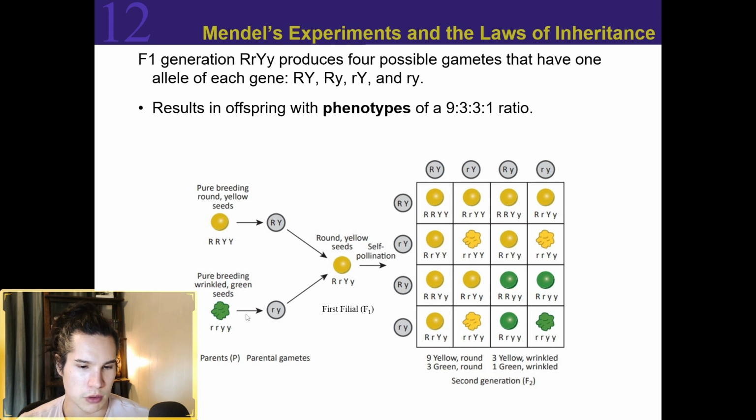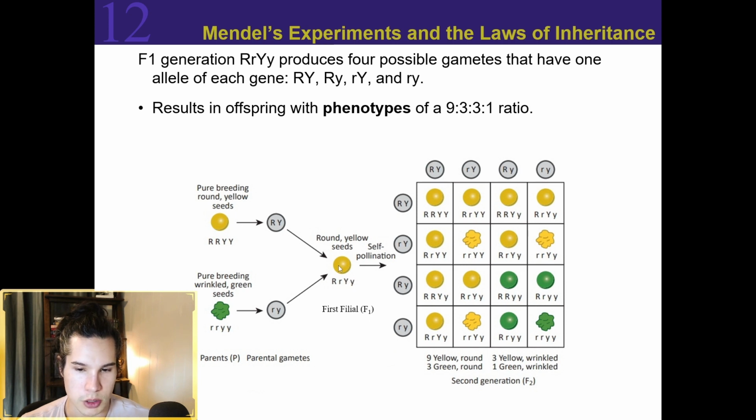The only type of gamete that they're going to produce are little r, little y. So when those two cross, what you get is a heterozygote for both traits. Your first filial generation is going to be big R, little r, big Y, little y.